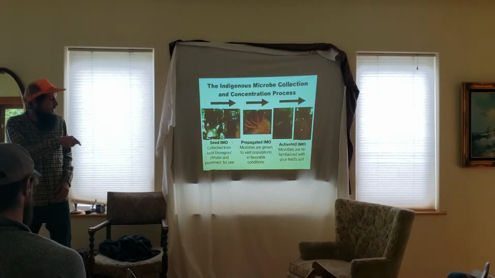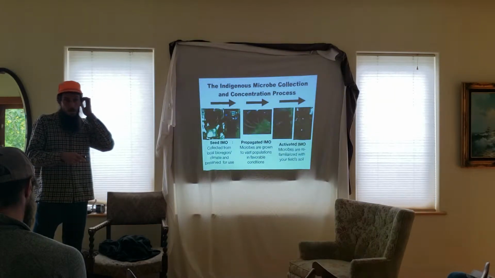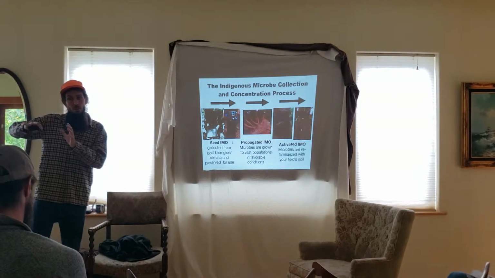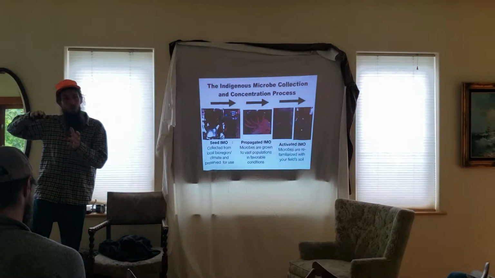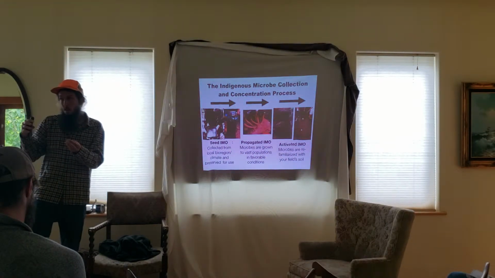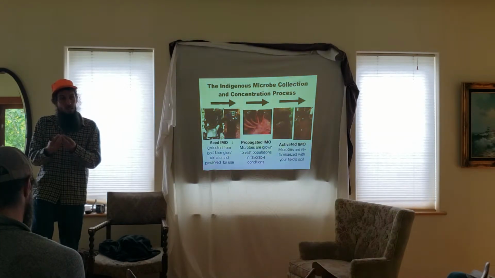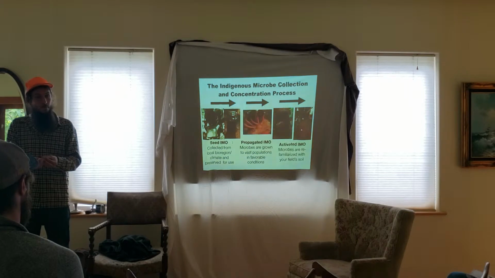You can go and get these different seed IMOs from these rich areas. Like I was saying on that graph, the one side where you got the nice fungal, if you go to those areas and gather them, and also get your indigenous microbes, you can get a really good seed collection that's going to be well adapted to your area.